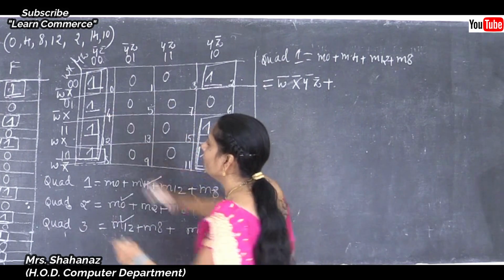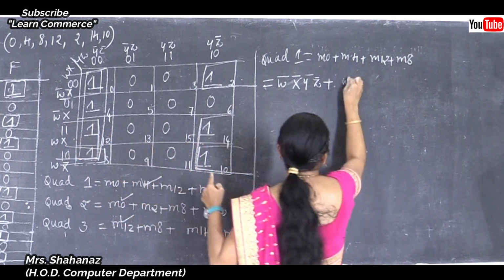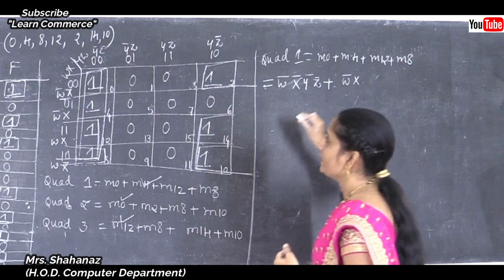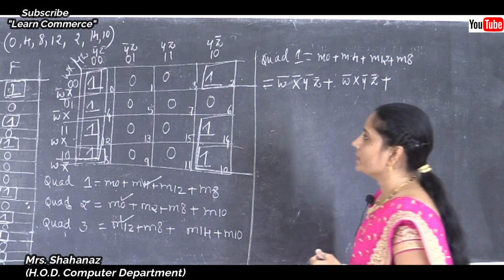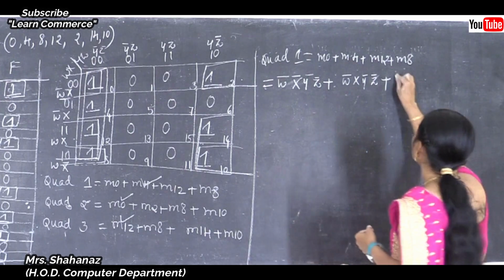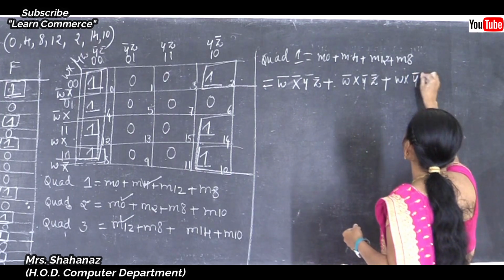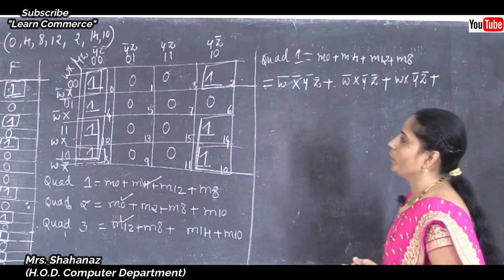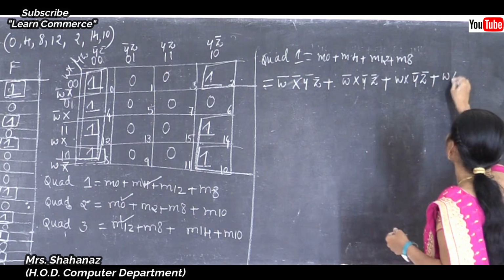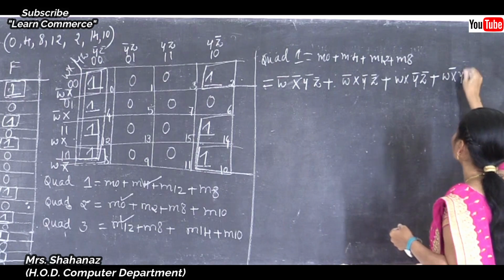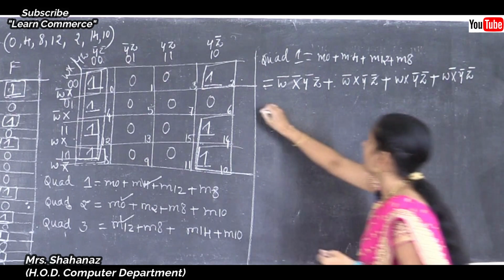The 4 value is complement W, X, complement Y, complement Z. The 12 value is W, X, complement Y, complement Z. The 8 value is W, complement X, complement Y, complement Z.